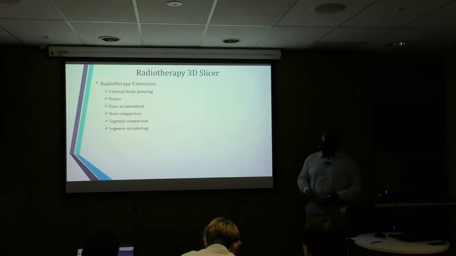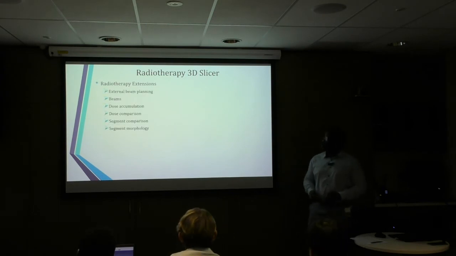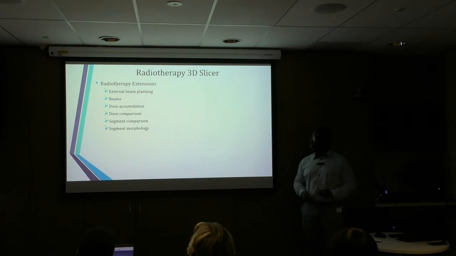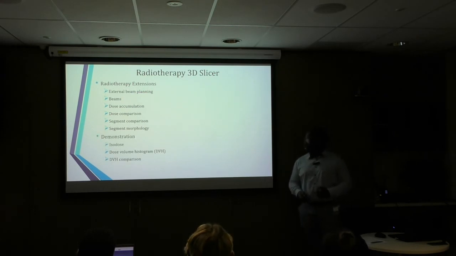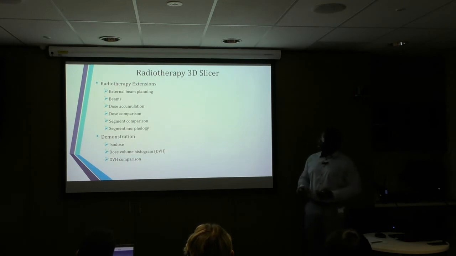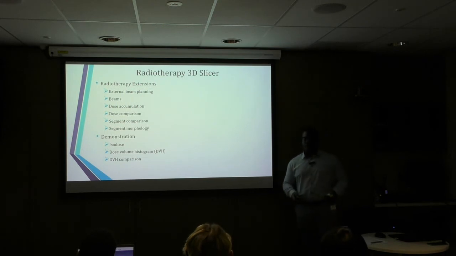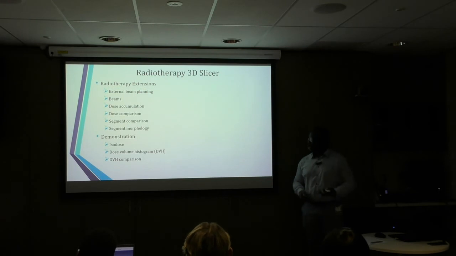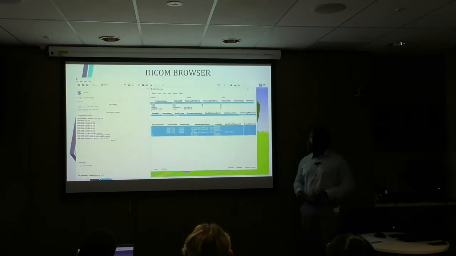It has a number of modules: external beam planning, beams, dose accumulation, dose comparison, segment comparison, and segment morphology. It also has an isodose, dose volume histogram, and dose volume histogram comparison module. The first couple I will present to you using the slides, and the bottom three I will show you using a demonstration, as that was what I used a lot for my project.